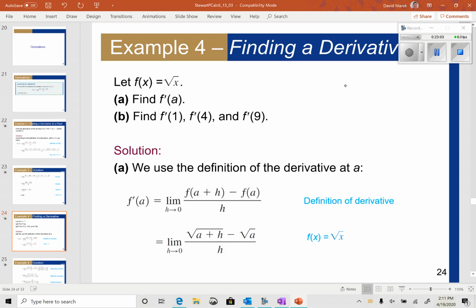Okay? Now, find the derivative again, but note here the difference between part A and part B. Here's our new function, f of x is, ooh, yay, square root of x. We love dealing with square roots, don't we? Find f prime of a. So for the first part here, now compare that to part B, f prime of 1, f prime of 4, f prime of 9.